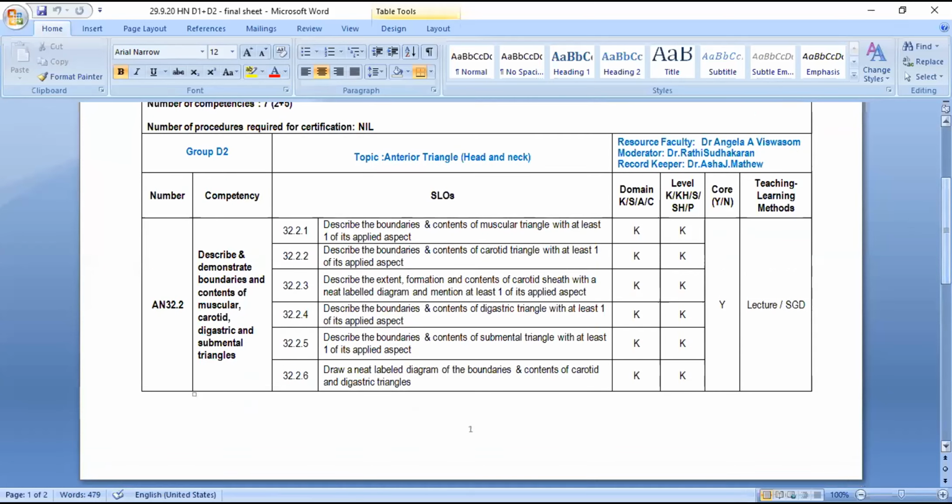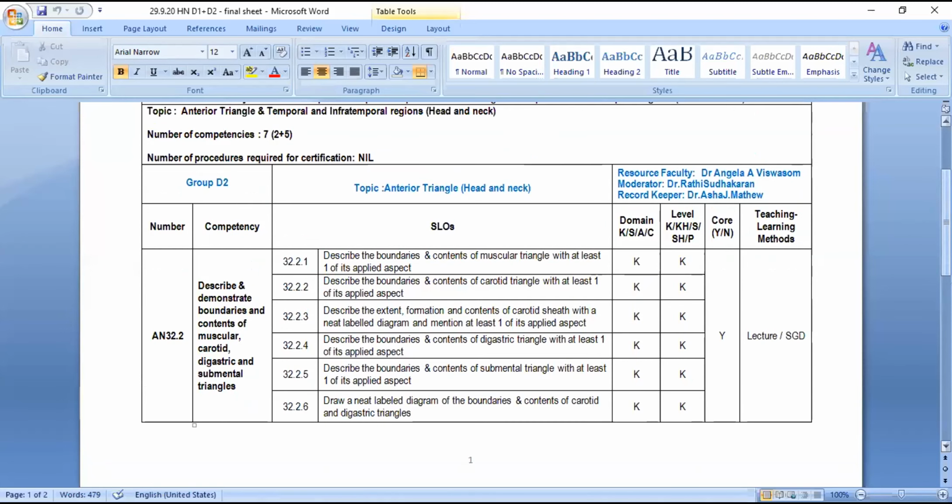The SLOs framed are, at the end of this session, the phase 1 MBBS student should be able to: 2.1, describe the boundaries and contents of muscular triangle with at least one of its applied aspects. 2.2, describe the boundaries and contents of carotid triangle with at least one applied aspect. 2.3, describe the extent, formation, and contents of carotid sheath with a neat labeled diagram and mention at least one of its applied aspects. 2.4, describe the boundaries and contents of digastric triangle with at least one of its applied aspects. 2.5, describe the boundaries and contents of submental triangle with at least one of its applied aspects.